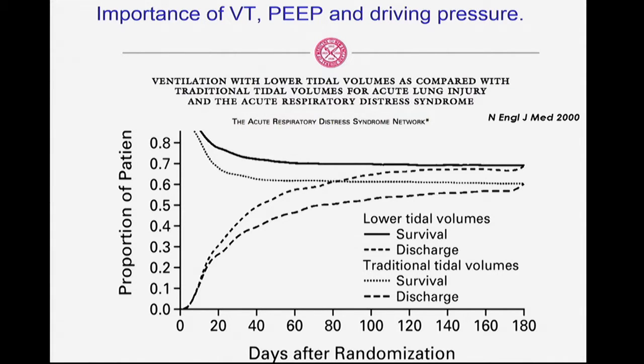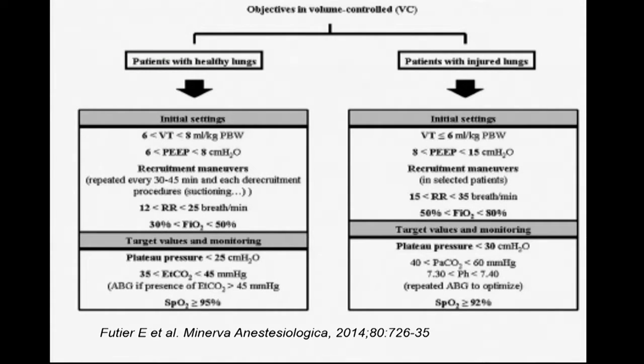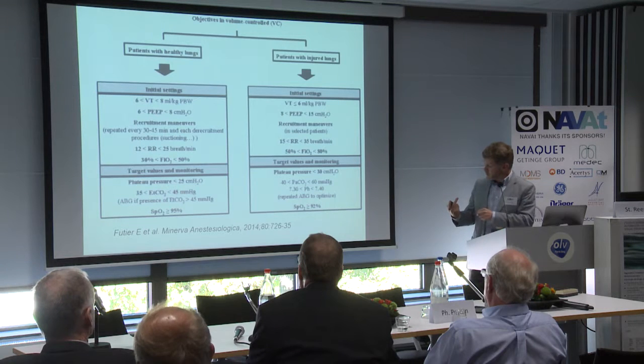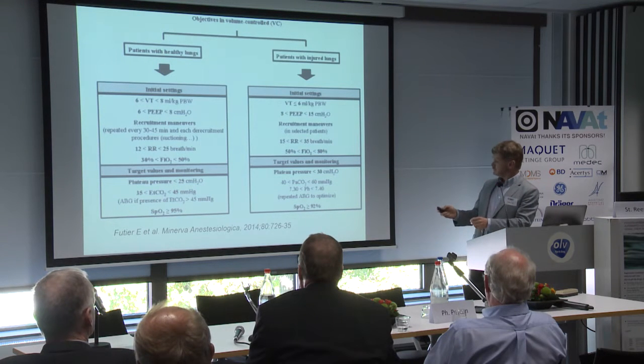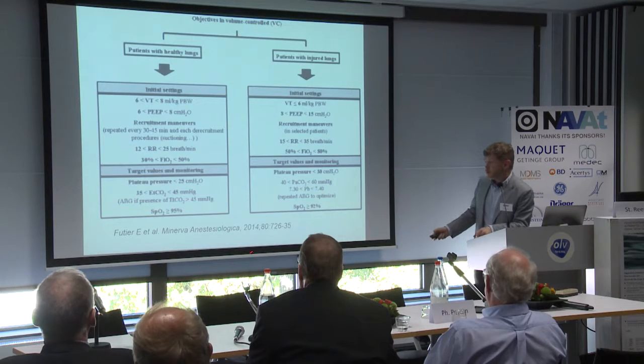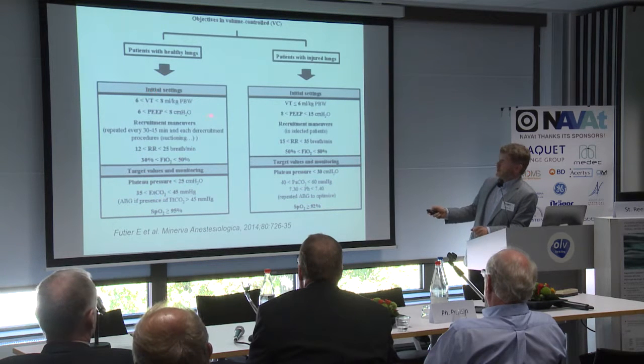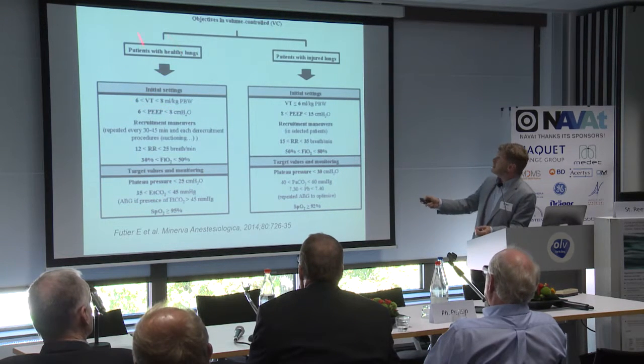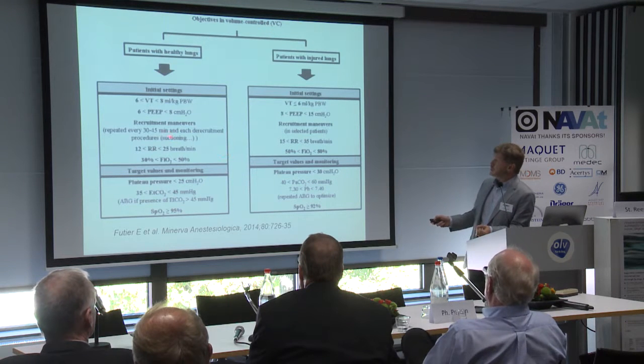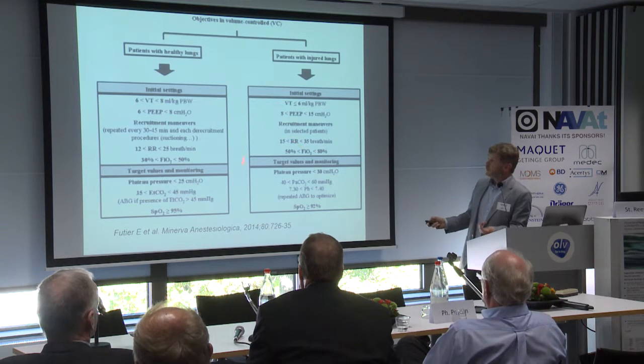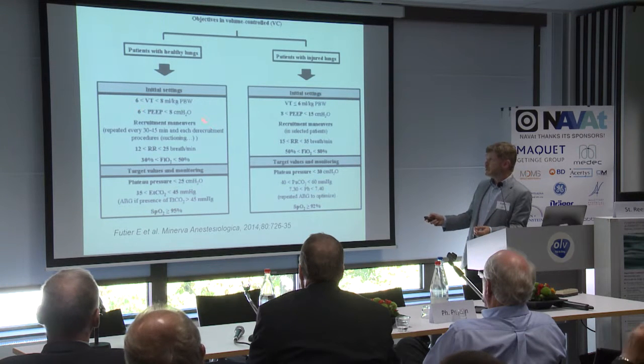My expertise in this is much less than Professor Hedenstjerna's, but there have been a couple of recent guideline papers. This one from Futier suggests, in the healthy lung, this is the sick lung, of course, the relationship of moving over from the ICU again, of keeping tidal volume 6 to 8, PEEP 6 to 8, and low inspired oxygen levels, interestingly enough, in this guideline.